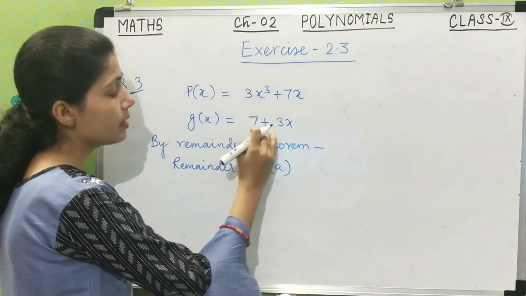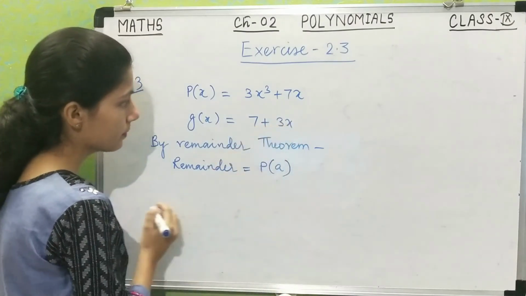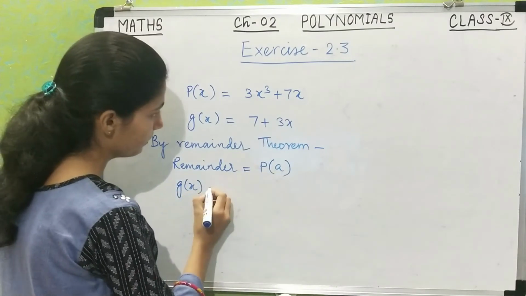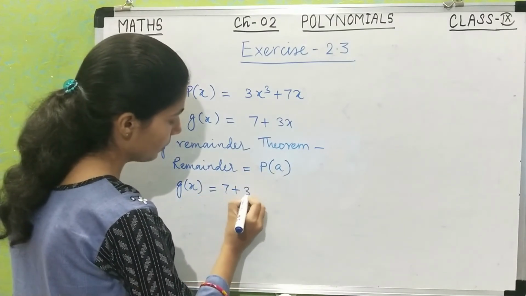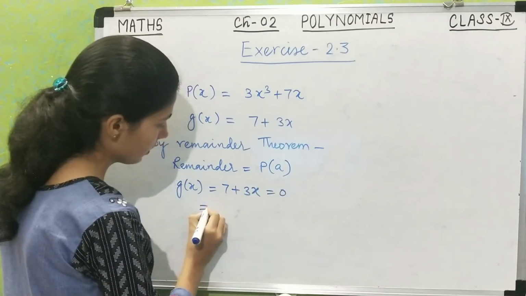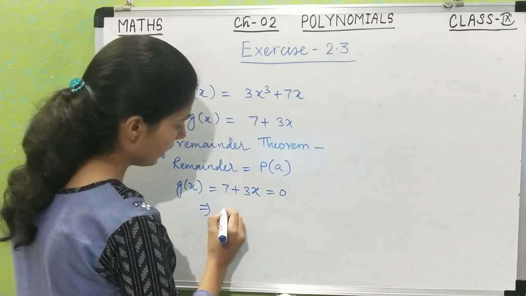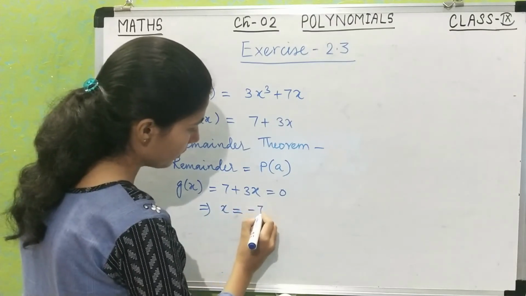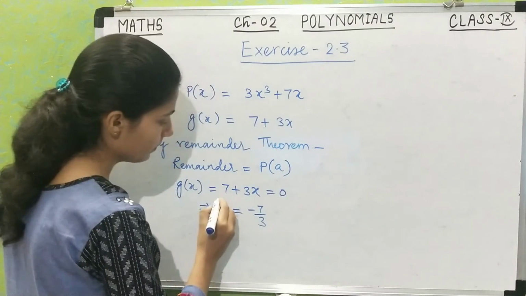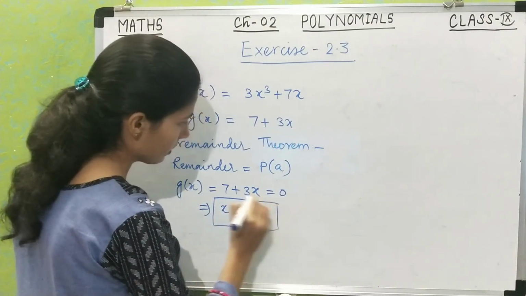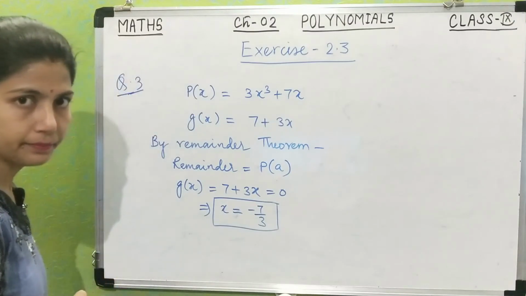The divisor is 7 plus 3x. So to find a, you have to put this value equal to 0. So here x will be minus 7 upon 3, so this is a.